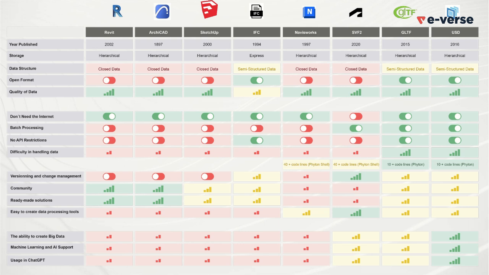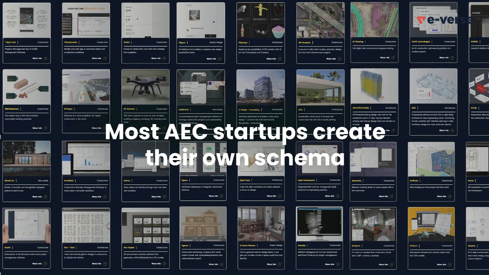And we didn't care about the format, to be honest. We just wanted a way to send and analyze data quickly and efficiently from one place to the other. So we decided to end up creating our own schema.